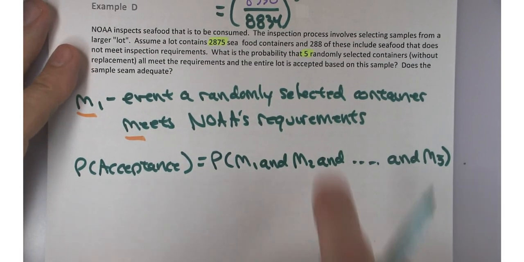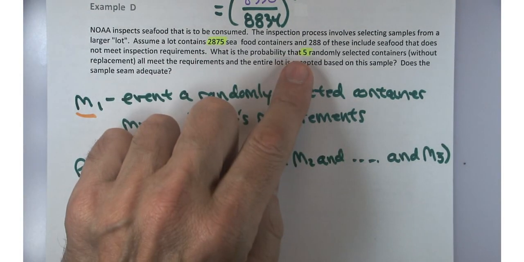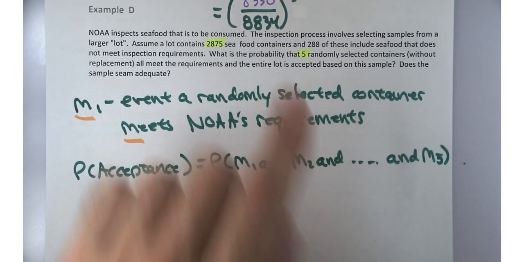I think I started out with this, right? What's 5 times 20? 100. Does this satisfy the 5% rule? Yeah, absolutely.